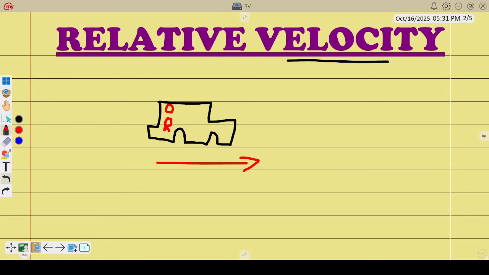If we have two people in a car, we have one here and the other one is seated there. So now the question would be, as the car is moving, let me just redraw.